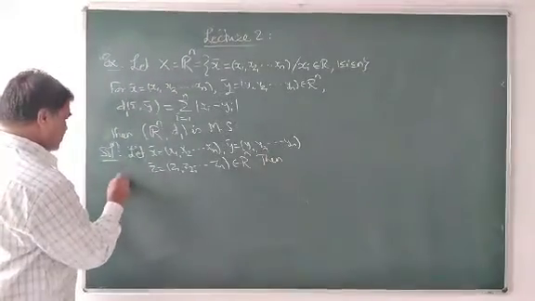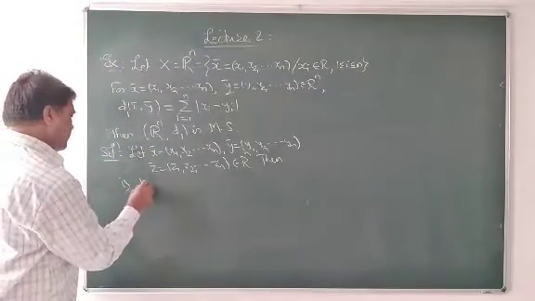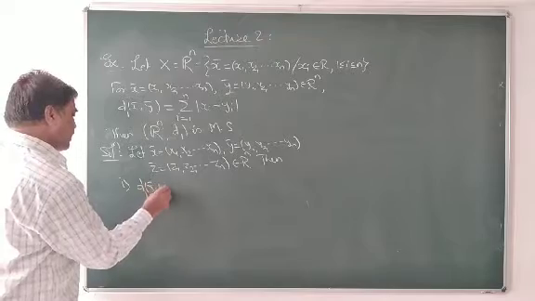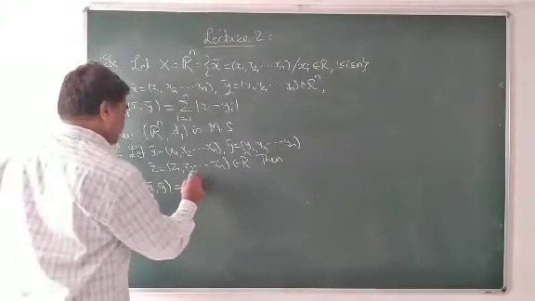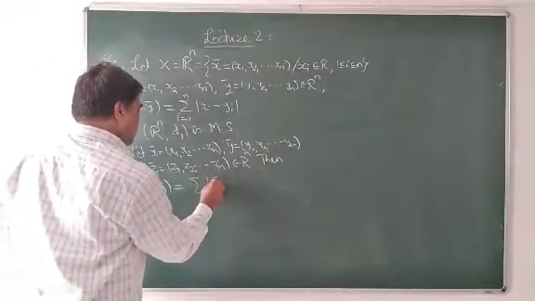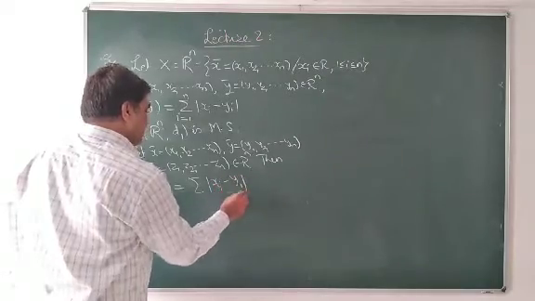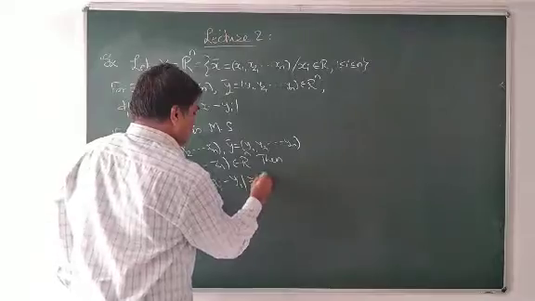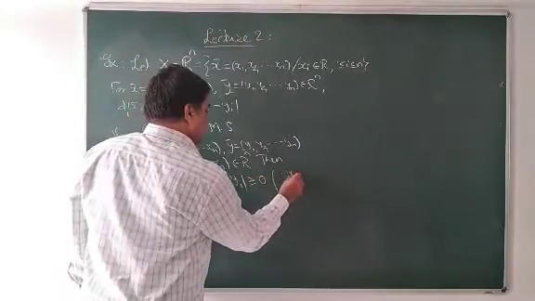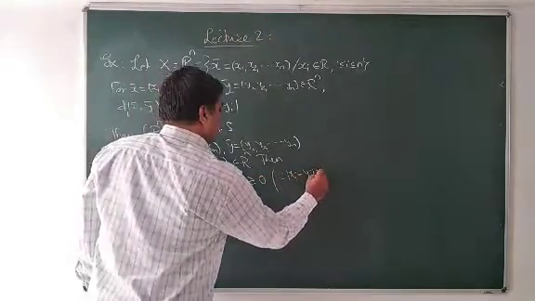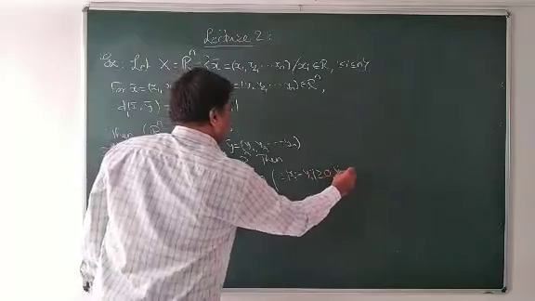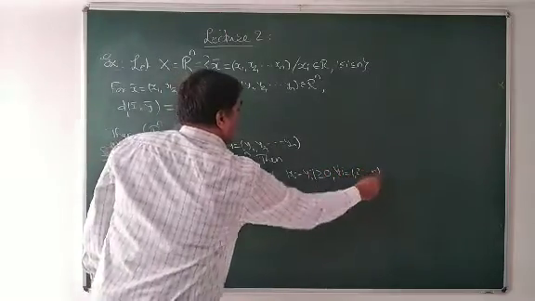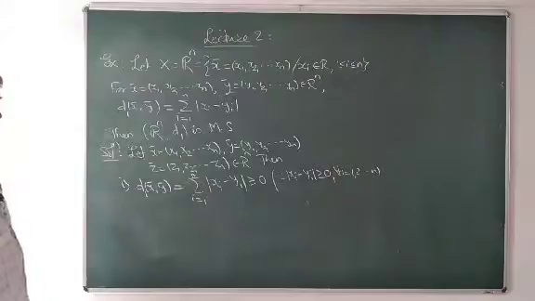Then first, d1 of x bar, y bar, which is nothing but the summation of modulus of xi minus yi, i equal to 1 to n, must be greater than or equal to 0, since mod of xi minus yi is greater than or equal to 0 for every i, where i varies from 1 to n.